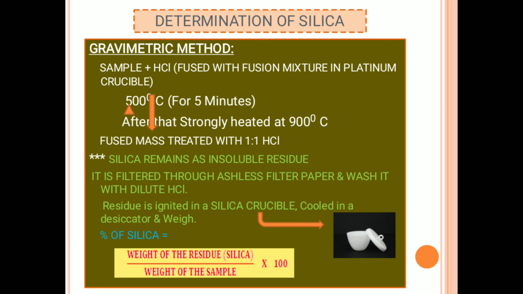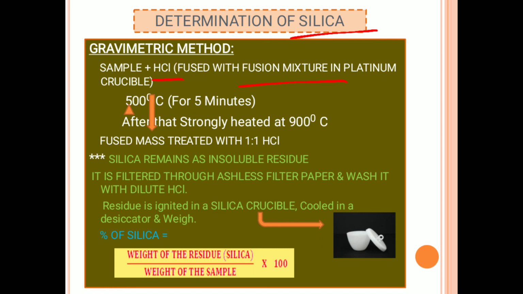Let me conclude it. So this is the gravimetric method for the determination of silica. Sample taken in the platinum crucible, fused with fusion mixture and add HCl solution. Along with that, you need to heat it at 500 degrees Celsius for 5 minutes. After that, strongly heated to 900 degrees Celsius.